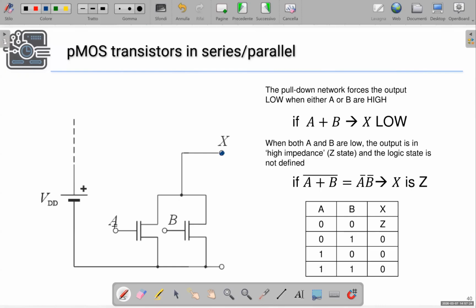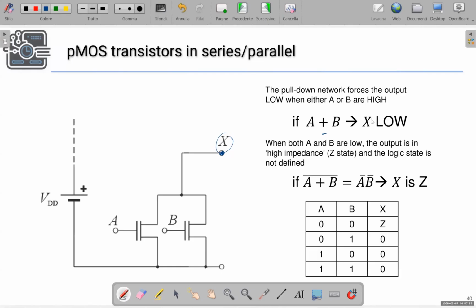So when switch number 1 is on, or when switch number 2 is on. Since the two switches, in this case NMOS switches, are on when their gate signals are high, we can say that X is pulled down when A or B are high. Okay?